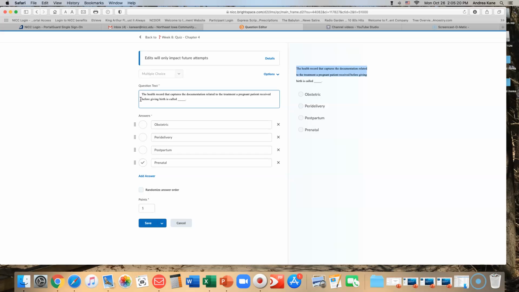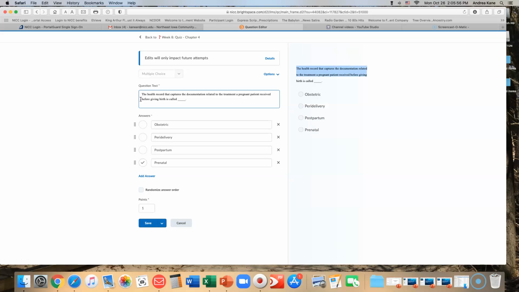Obstetric just means that she's pregnant. Peri-delivery means around the time of delivery. So maybe it would be before giving birth, but it's around the time of delivery, and the question doesn't mention being at the time of delivery. Postpartum is after delivery, and again, this is before giving birth. Prenatal is before birth.